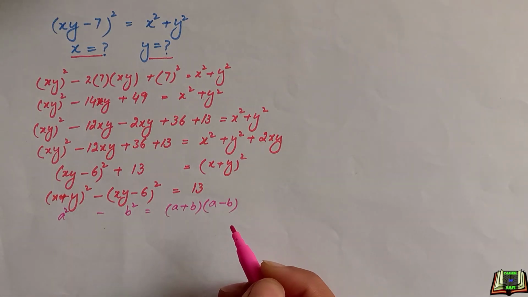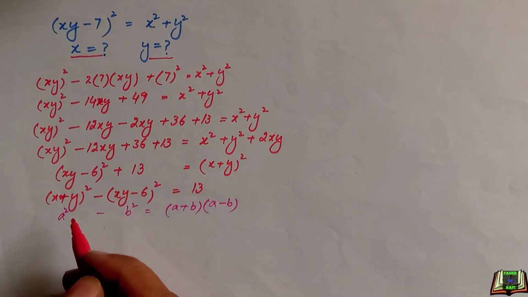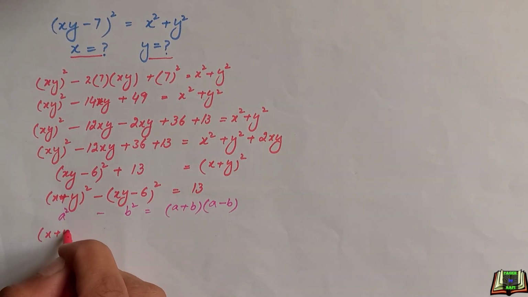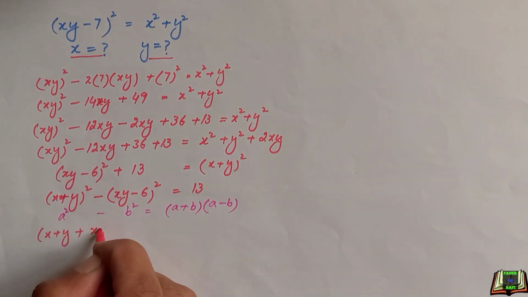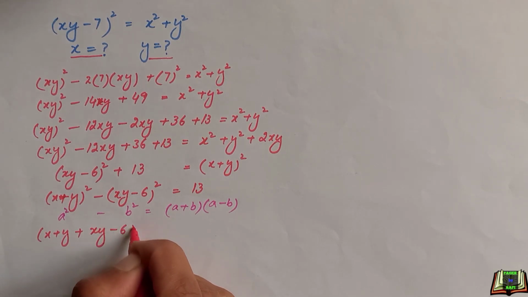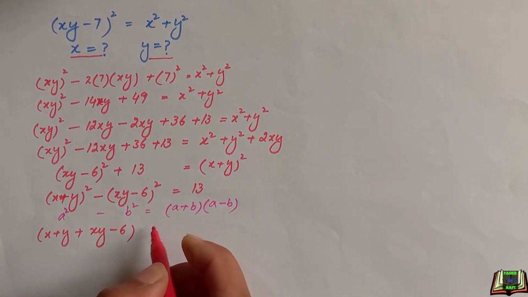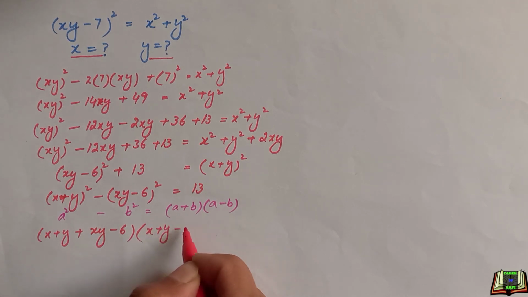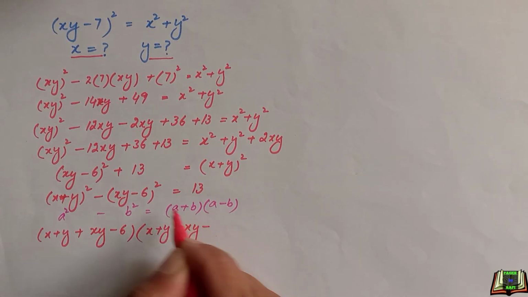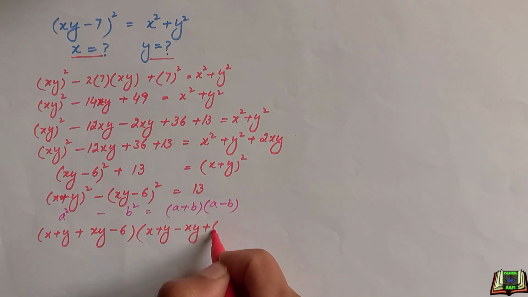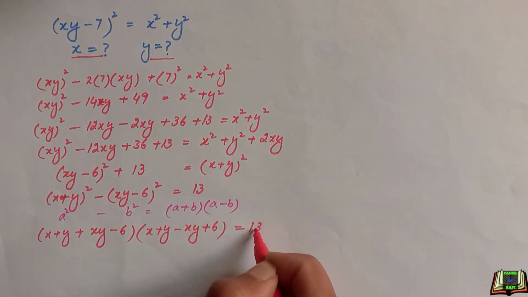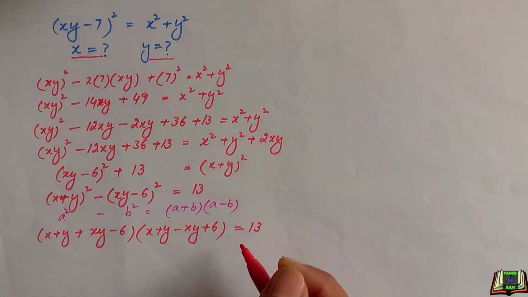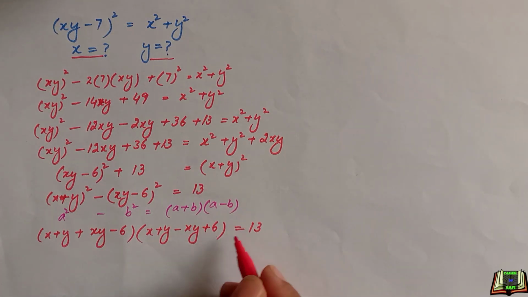So we will write this in the form of (a + b)(a − b). a + b is x + y + xy − 6, times a − b, which means x + y − xy, and after opening the bracket 6 will become positive, is equal to 13.